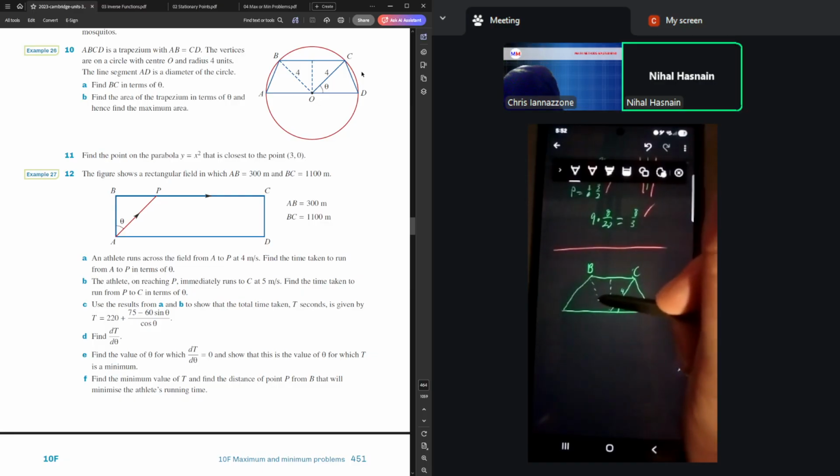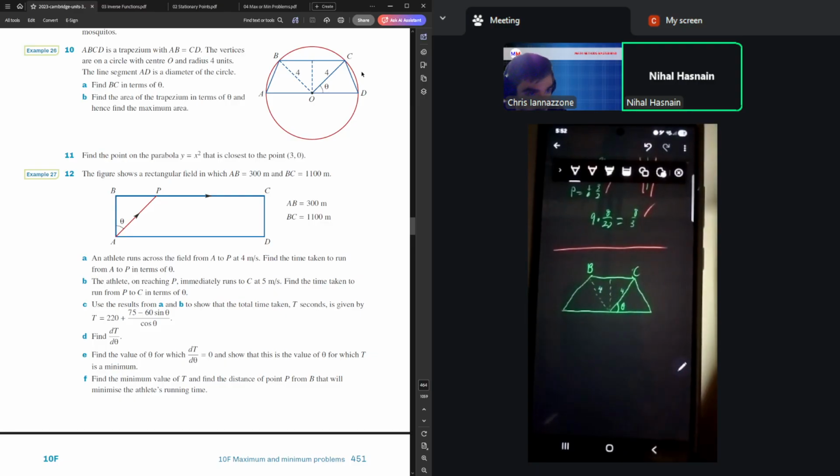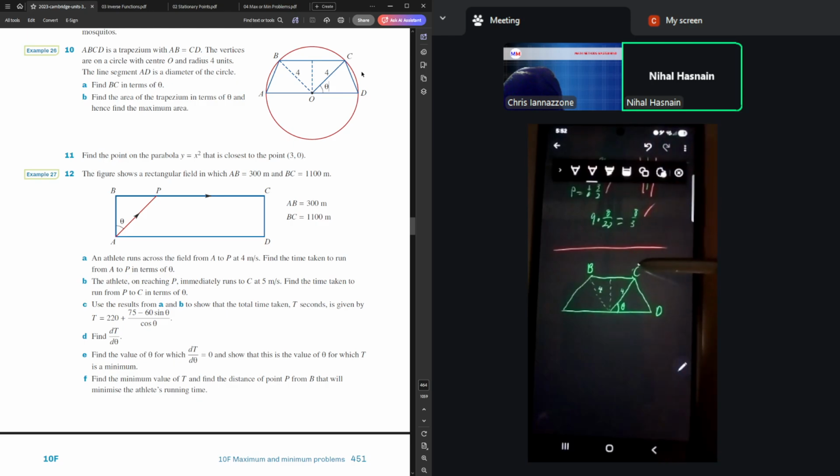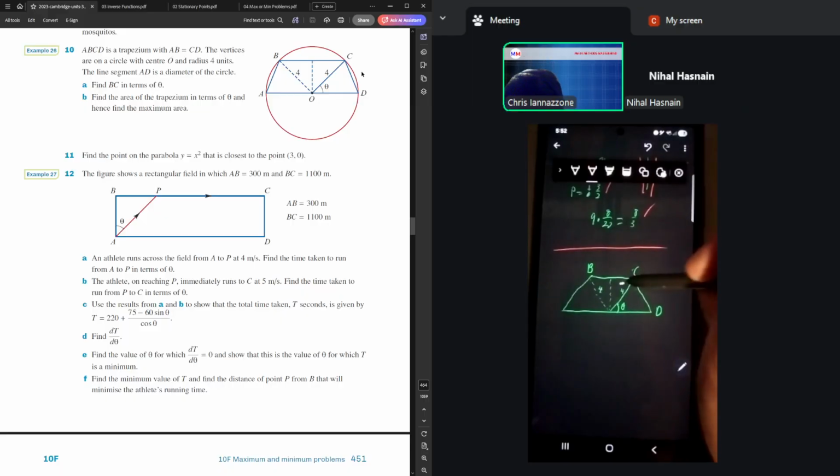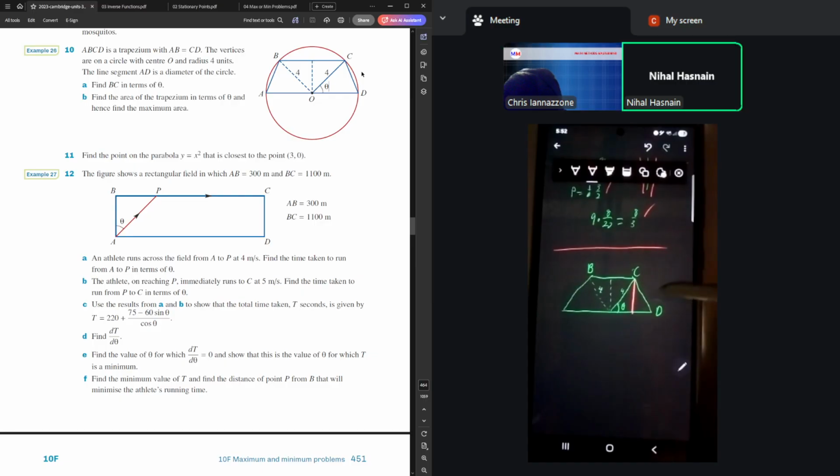I'm thinking of visualizing it, drawing a line from C to the line segment AD at a 90-degree angle. Yeah, straight like this. That's good.